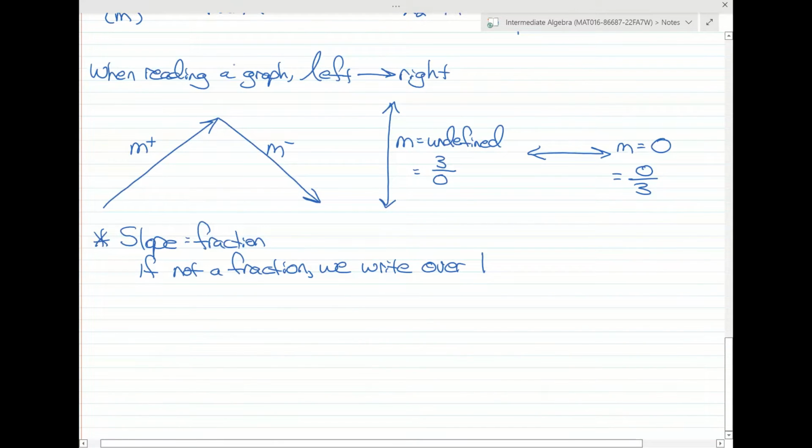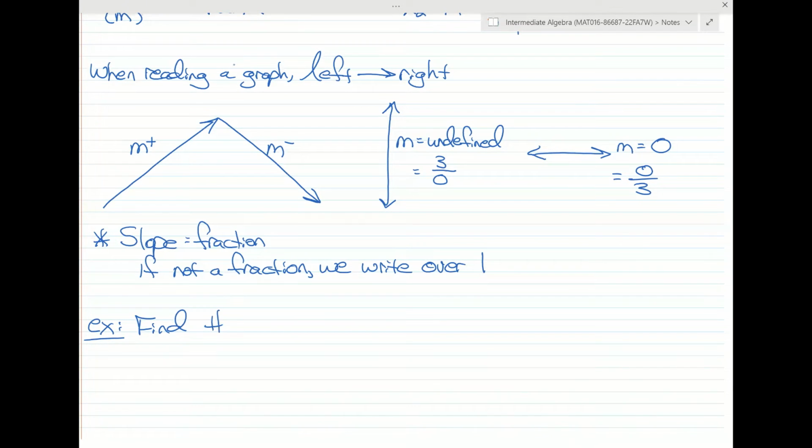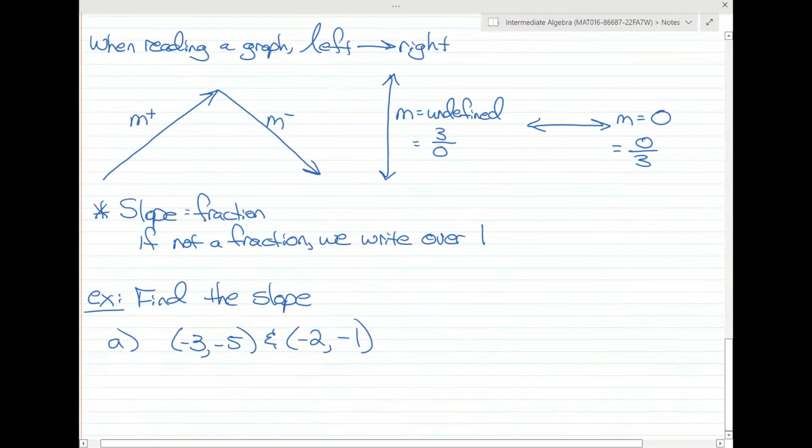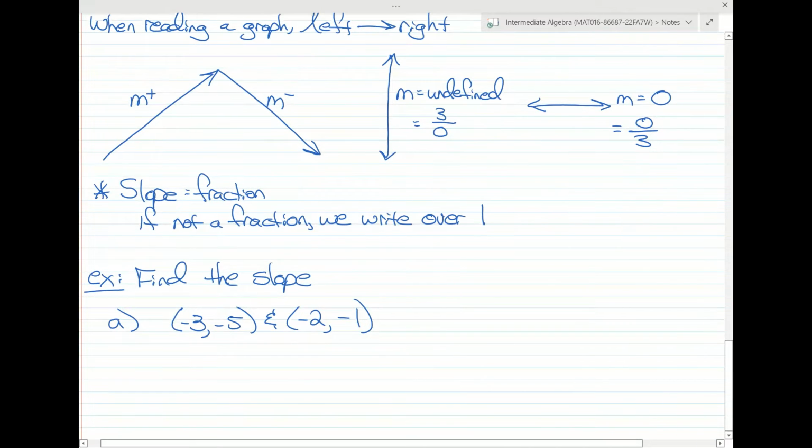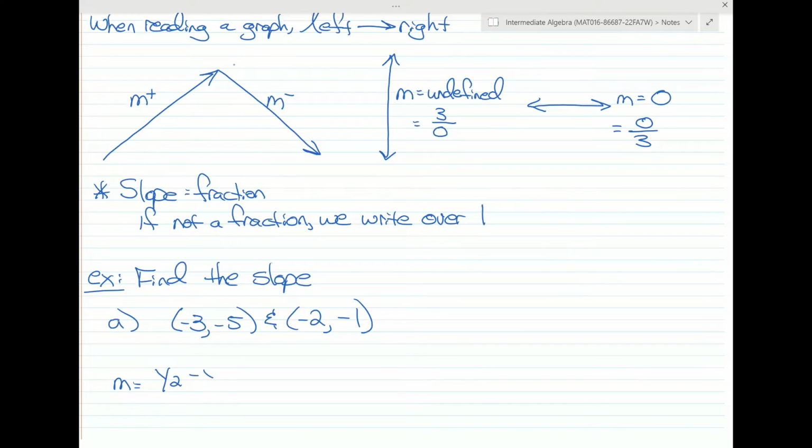So let's do a few problems where we're finding the slope. Let's say we have -3, -5, and -2, -1. And we're finding the slope. Well, I told you a few different ways to think about slope. One of those is this formula, y2 minus y1 over x2 minus x1.